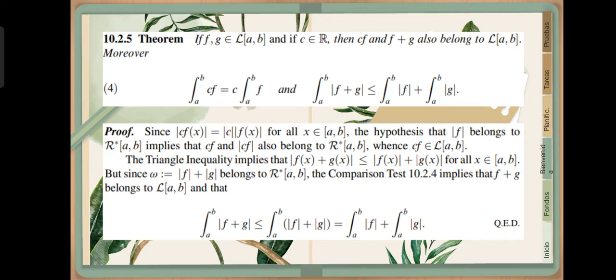But since omega, equal to the absolute value of f plus the absolute value of g, belongs to R*[a,b], the comparison test 10.2.4 implies that f plus g belongs to L[a,b] and that the integral from a to b of the absolute value of f plus g is less than or equal to the integral from a to b of the quantity absolute value of f plus absolute value of g, which is equal to the integral from a to b of absolute value of f plus the integral from a to b of absolute value of g. QED.